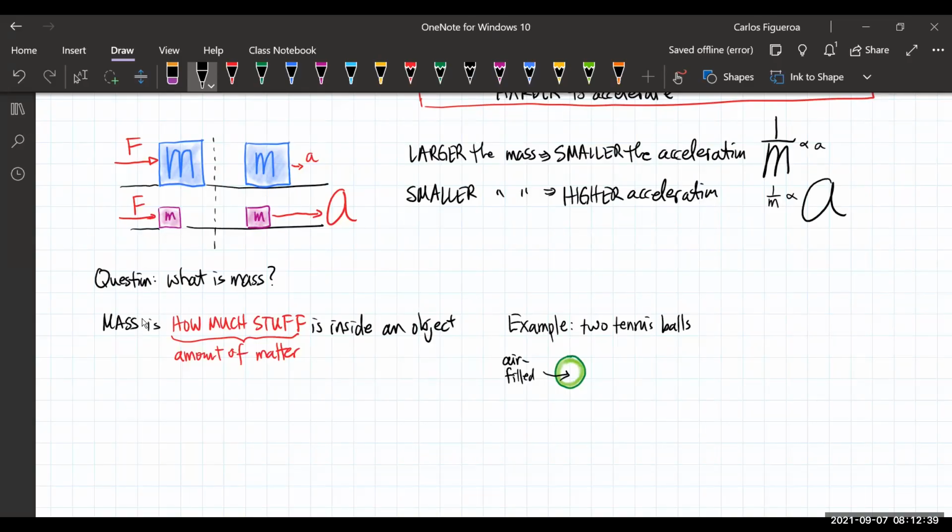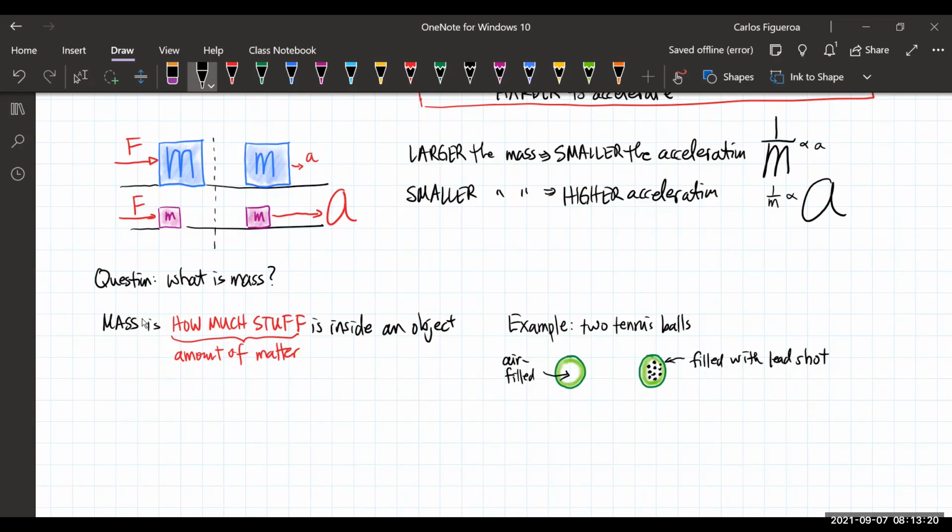And then I have a second tennis ball. And the big difference between these two tennis balls, you can't tell the difference until you actually handle it. I drilled a hole into the tennis ball, and then I filled it with lead shot. So this guy is filled with lead shot. So it's a lot heavier. There's a lot more mass. There's more stuff in there.